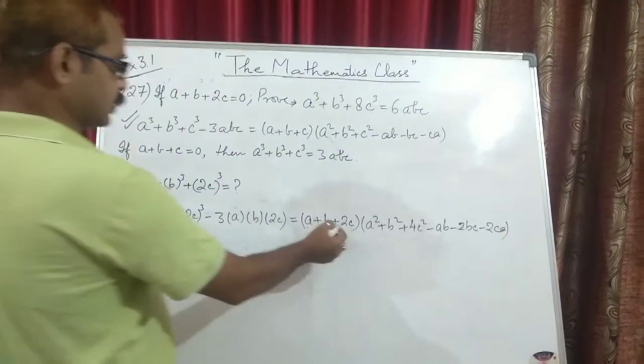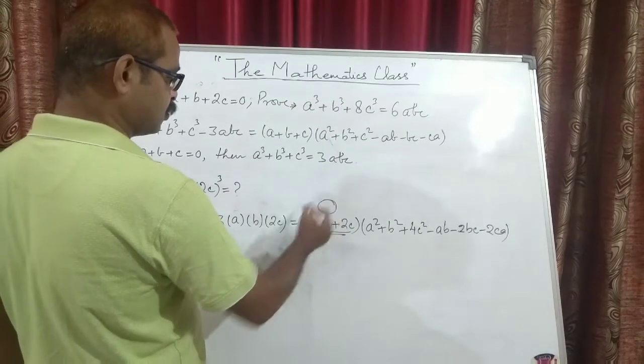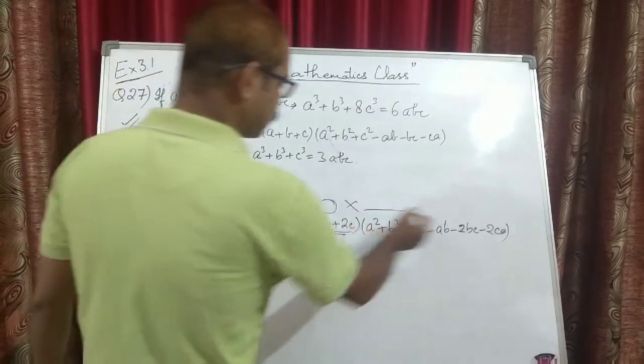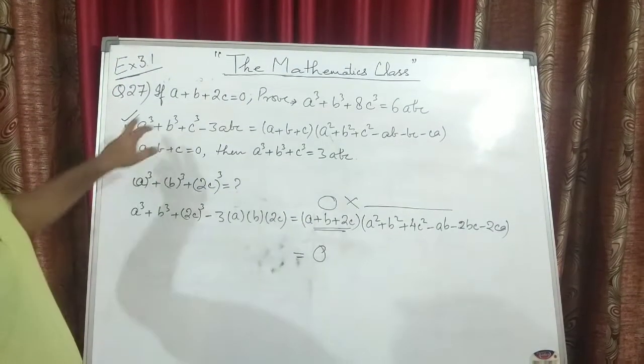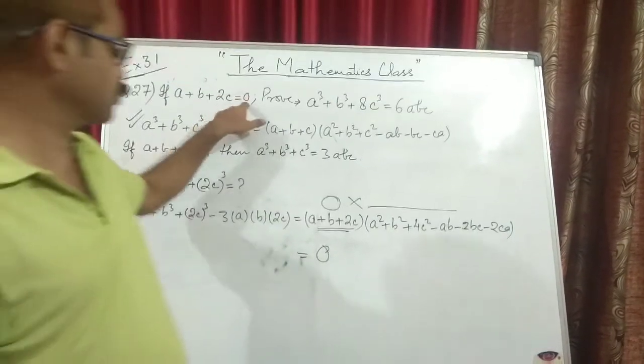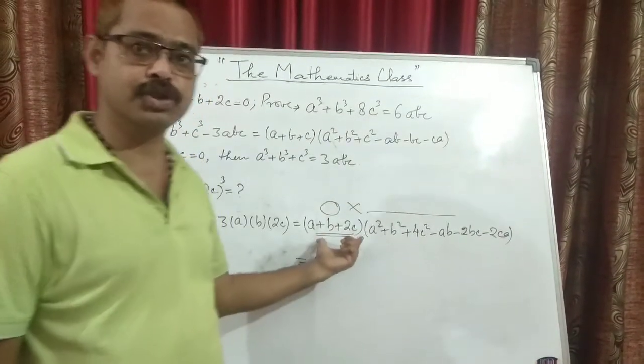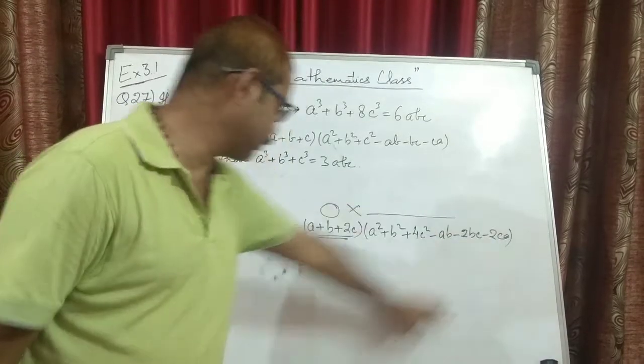Now this total term is given to you as 0. 0 into something will again give you 0. This is given a plus b plus 2c is equal to 0. So put 0 over here, substitute 0. So this total right hand side will become 0.